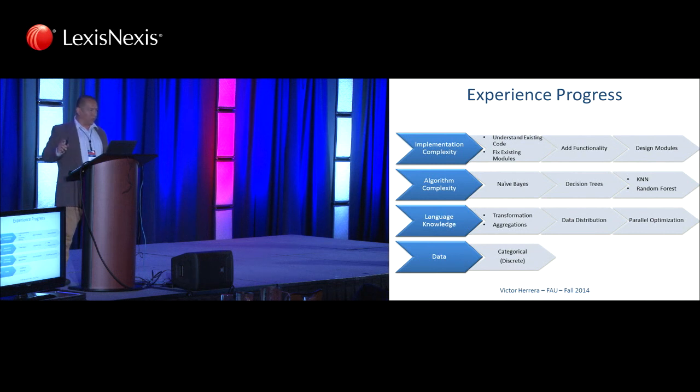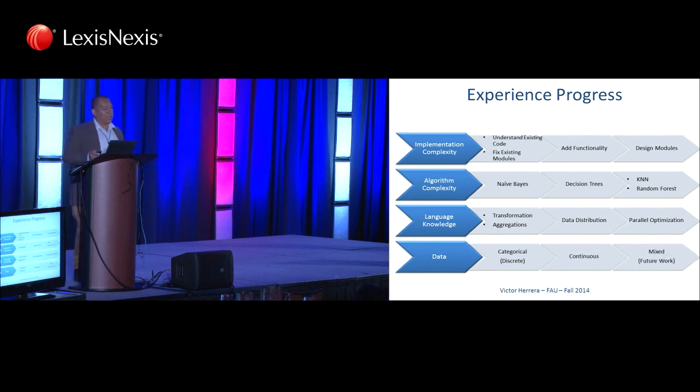KNN is not ready for continuous yet. The next step for the future, and we're not doing that yet, is to have mixed data sets. Some real cases have data sets with attributes that are continuous and discrete.